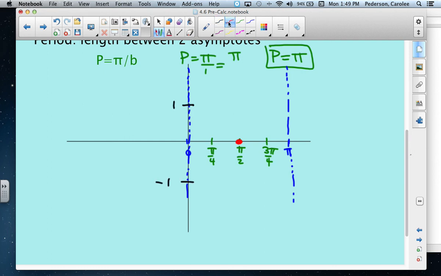My points will be, if I calculate them out, at pi over 4 it's going to be at 1, and at 3 pi over 4 it's going to be at negative 1. So here is what 1 revolution looks like with the cotangent. Again, here is your period of 1 pi. You have asymptotes every pi away.